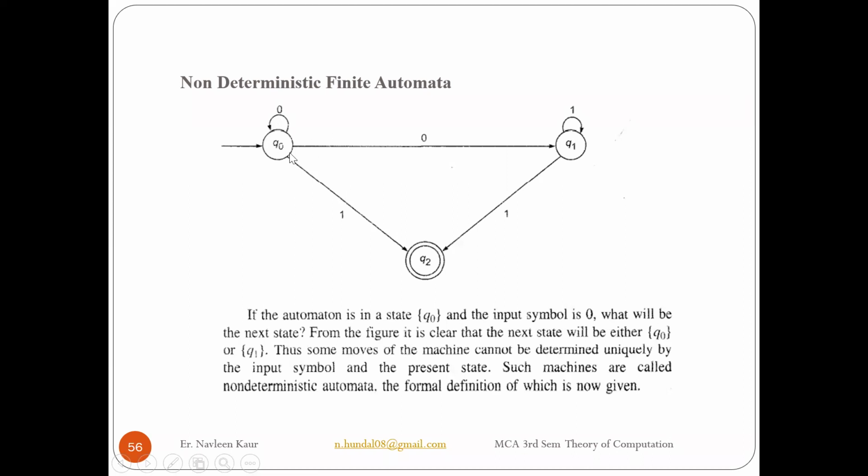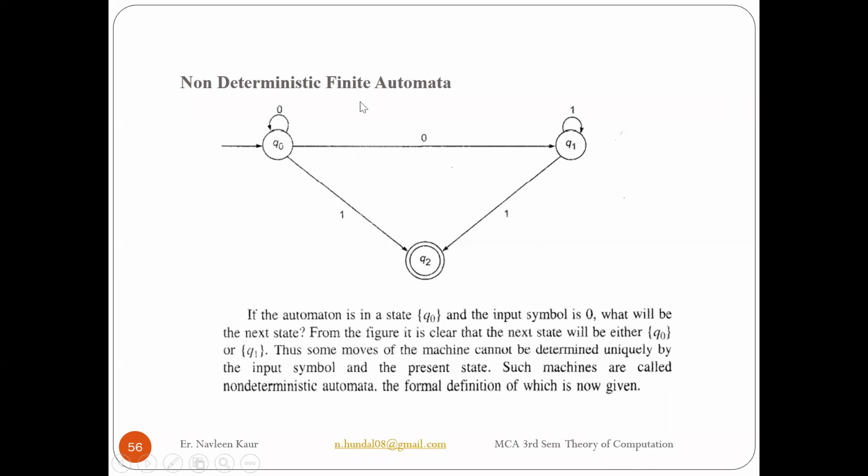Here is an issue going to arise. Can you see that if to Q naught you give 0, it takes you back to Q naught also. But again, there is one more option: if you give Q naught 0, it also takes you to Q1.